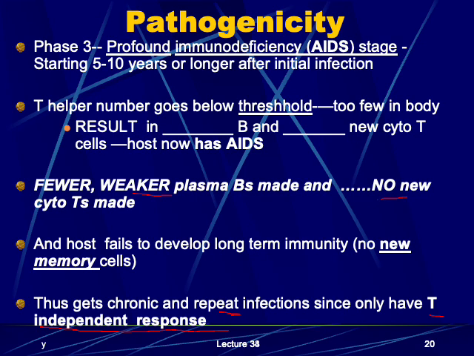Also, because it's a weaker response, there's fewer, weaker plasma Bs and no new cyto-Ts. The diseases take a long time to recover from, because the person doesn't have enough antibodies, B cells, or new cyto-Ts, and they have a tendency to repeat. Once you do get rid of them, they can come back in your body and cause the same problem, same severity, because you don't have the memory cells.